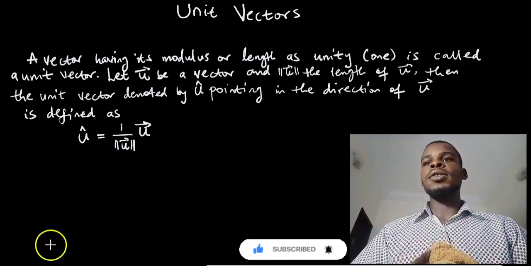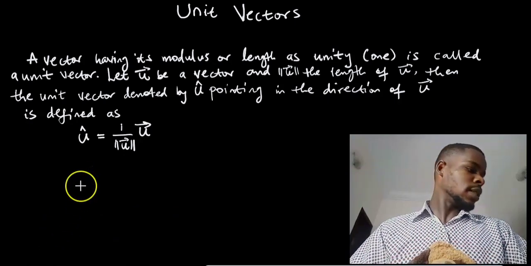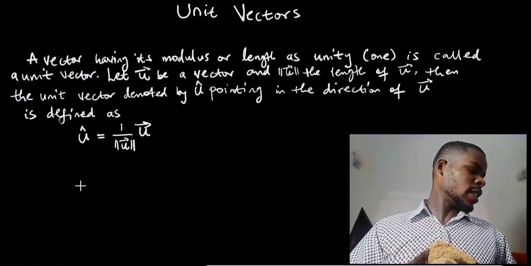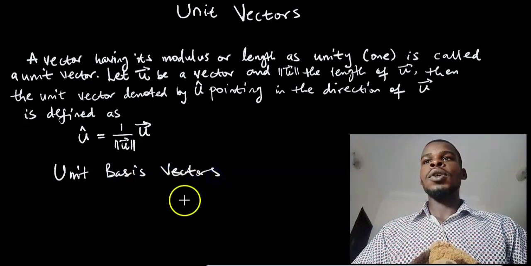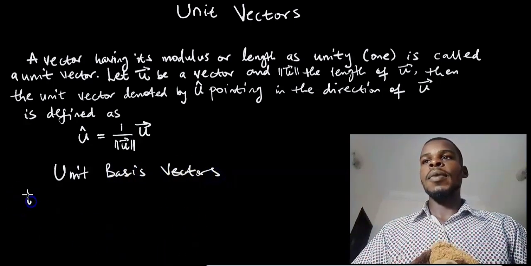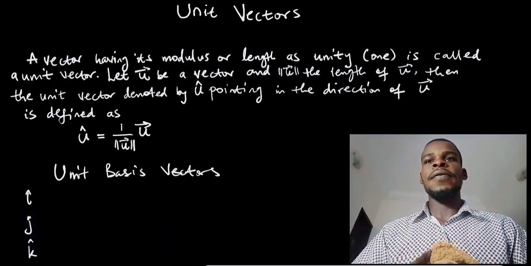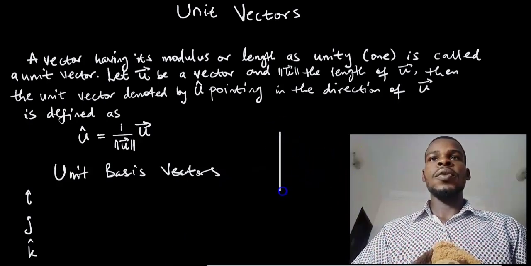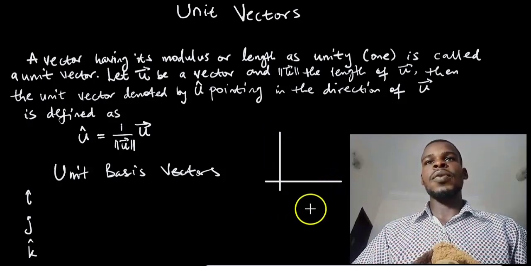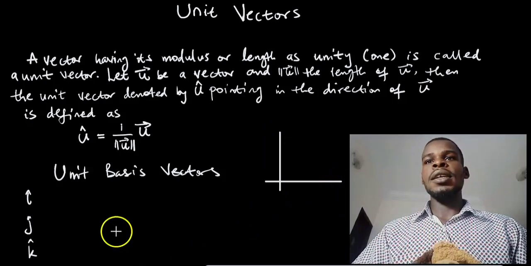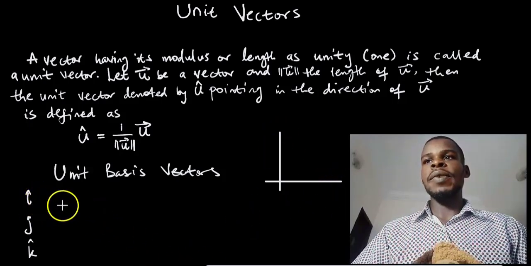Okay, so let's look at what we call basis or unit basis vectors, and I'm going to first of all look at them in R2. These are the vectors i hat, j hat, and k hat. If we have, let's say, a Cartesian plane, this is the x-axis and this is the y-axis. So you want to see how we can define these vectors.